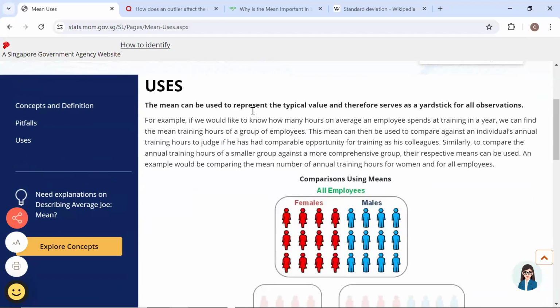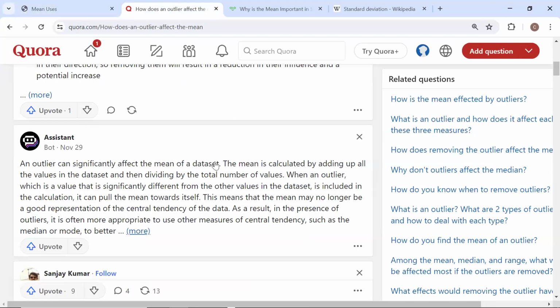The next thing we want to discuss is how the outlier value affects the mean. So what is an outlier value? An outlier value is one that is very far apart from the rest of the values in the data set. For example, for your exam, all your subjects got A1, then one subject got F9.